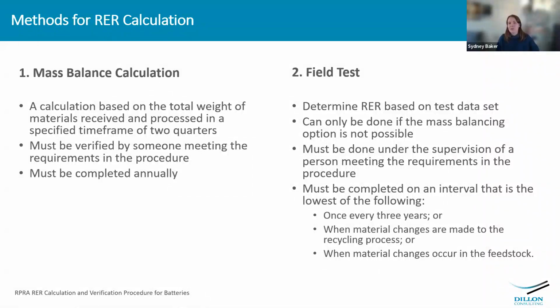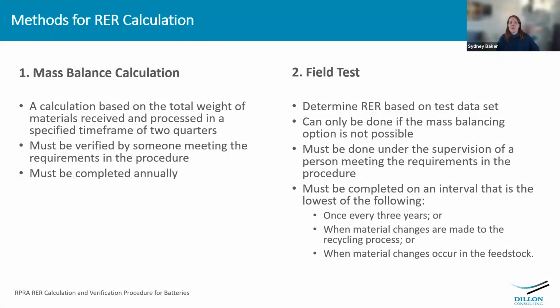And then the field test approach would be used only by those who couldn't do the mass balance approach. That might be a downstream processor who can't obtain the information required to attribute the process performance to a particular primary processor. So maybe, as Tessa mentioned, the feedstock of materials coming from a certain primary processor isn't enough to determine their RER, or is hard to separate from their other materials.